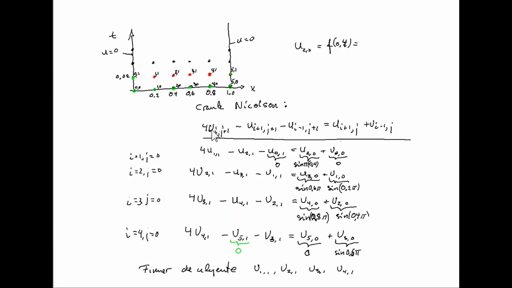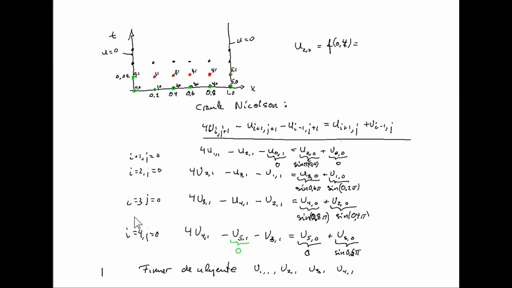So put i equal to 2 in this Crank-Nicolson discretization scheme, and we obtain this equation. In this case, none of these values are known because it's an interior point, red points, not green points. But both of these points are known. This is sine of 0.6 pi, and this is sine of 0.2 pi. Okay, then we have the second equation.